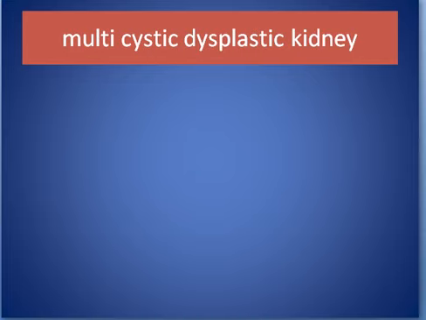The condition is thought to be caused by severe urethral obstruction early during gestation. Multicystic dysplastic kidney often occurs unilaterally and does not affect renal function unless the contralateral kidney is also affected.